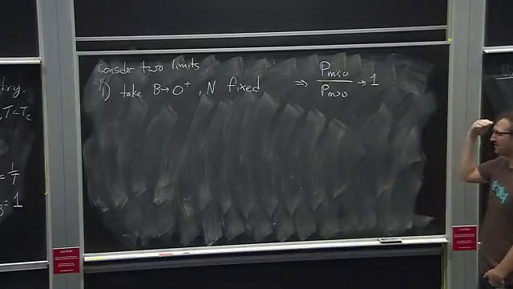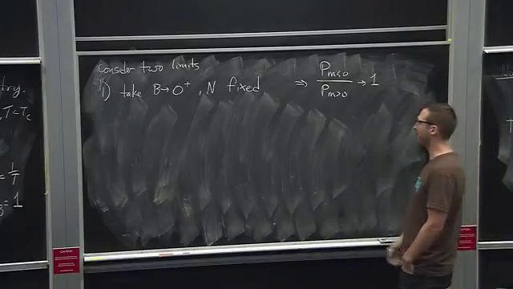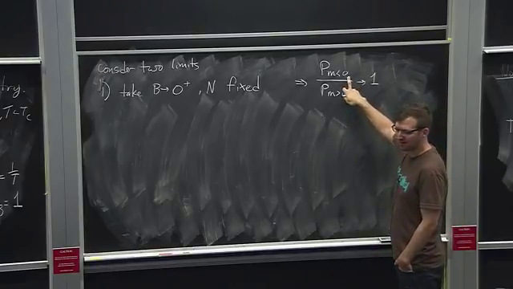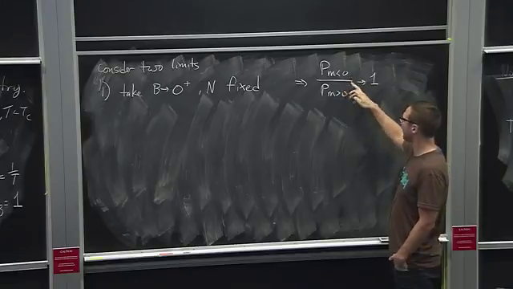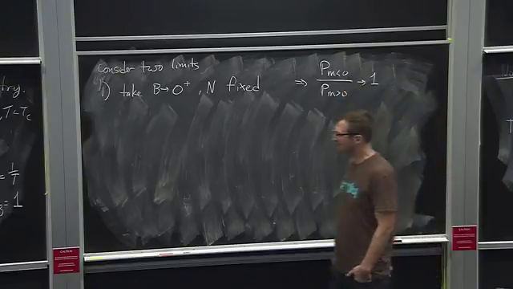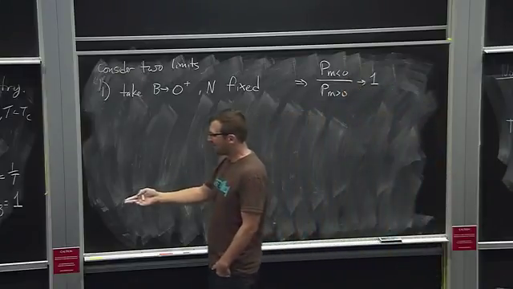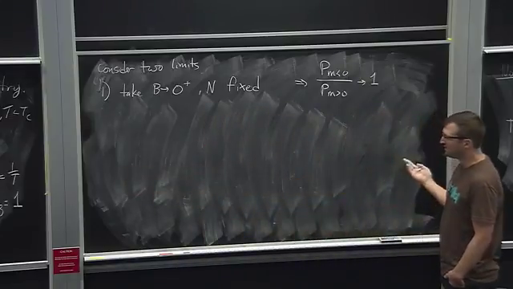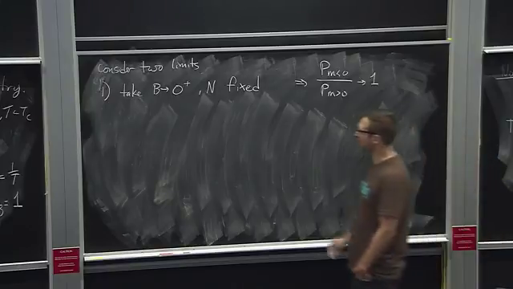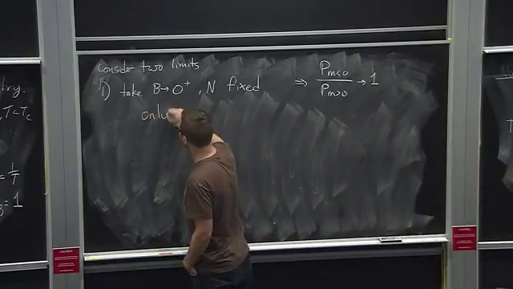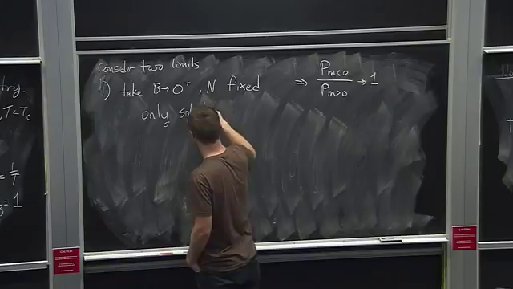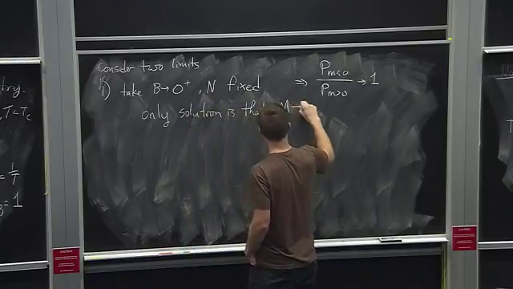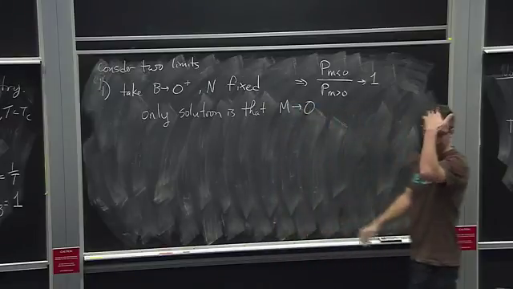So somehow what this is saying is that the probability of finding the state that I don't expect is going to unity. If you flip this thing around and do the opposite calculation, you find the opposite thing. And basically, the only solution to this sort of paradox is that the magnetization's also going to 0.